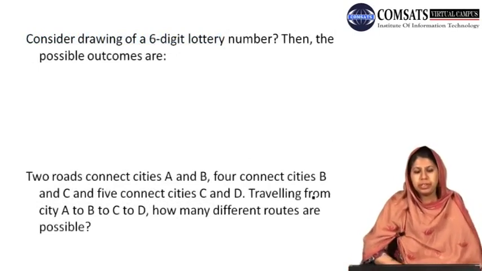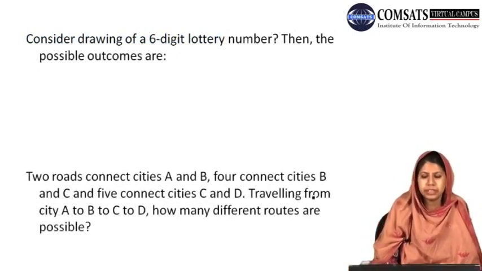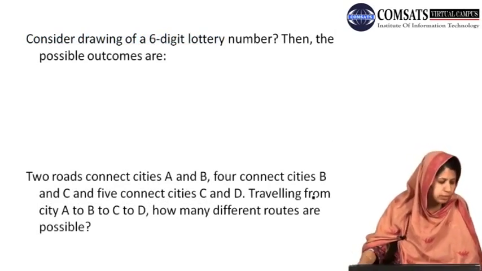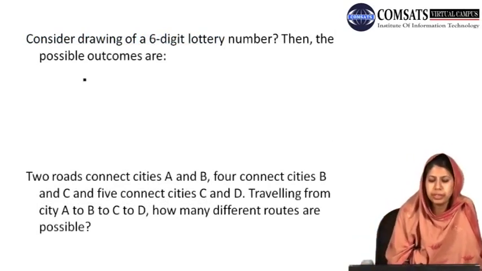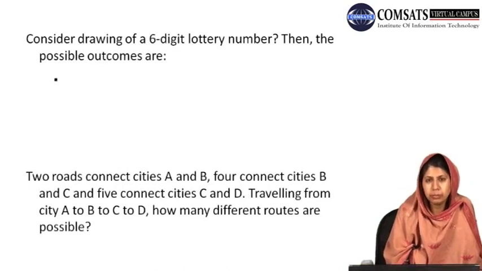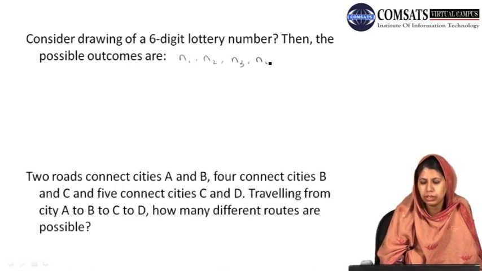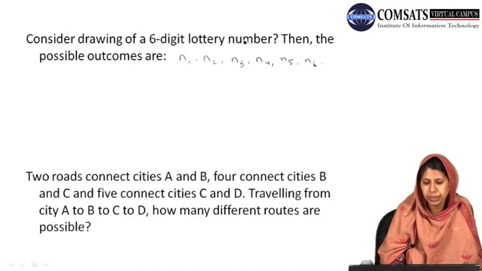For example, consider drawing of a 6-digit lottery number. Then how many events are occurring? There are actually 6 events because we have a 6-digit lottery number. So we have 6 events, N1, N2, N3, N4, N5 and N6.